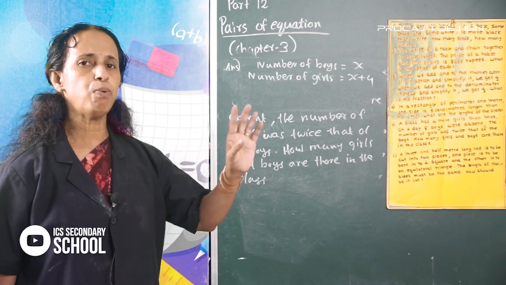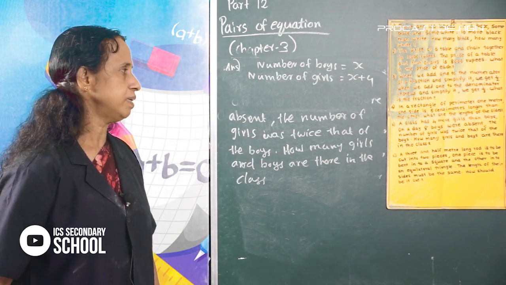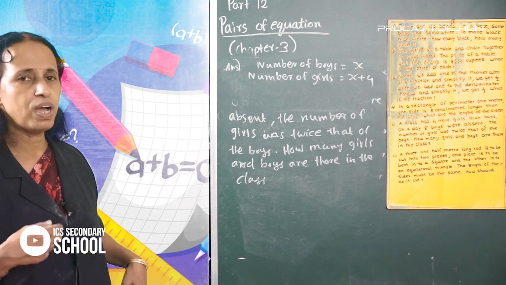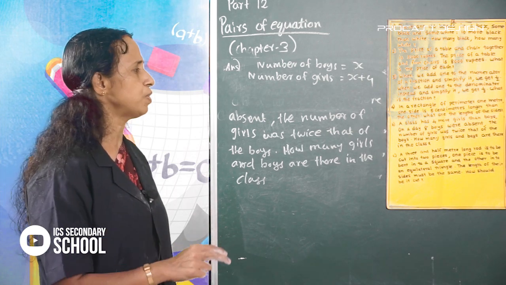On a day, 8 boys were absent. That day, the number of girls was twice that of the number of boys.